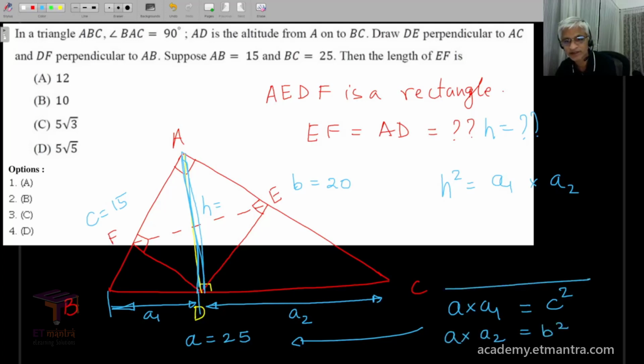So these are well-known formulae in this configuration, and this information needs to be put in here, and that's the end of the problem. So let's get done with the calculation.